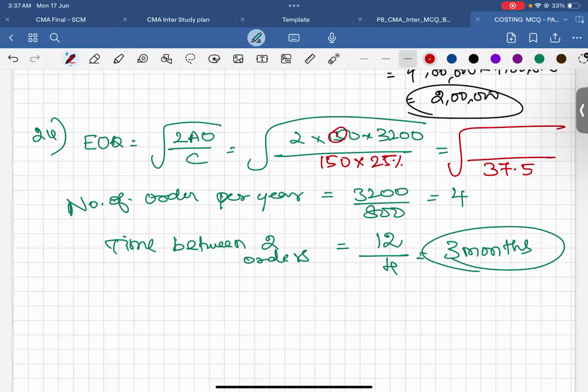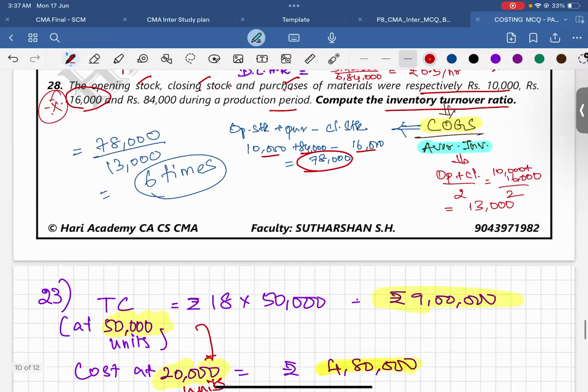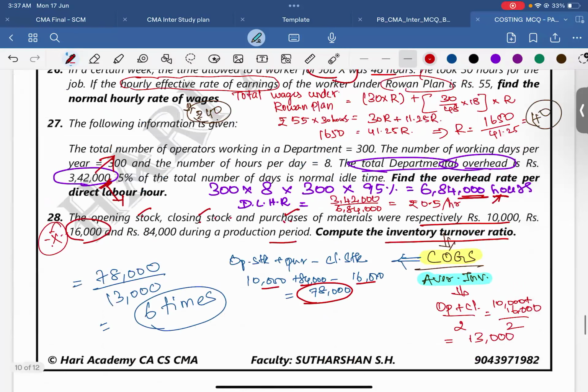Then here I need to put 6. So 3,200 into 6 into 2 will give you 38,400 divided by 37.5. Something is wrong, I think so, guys. Just a minute, just hold on. I will come back.